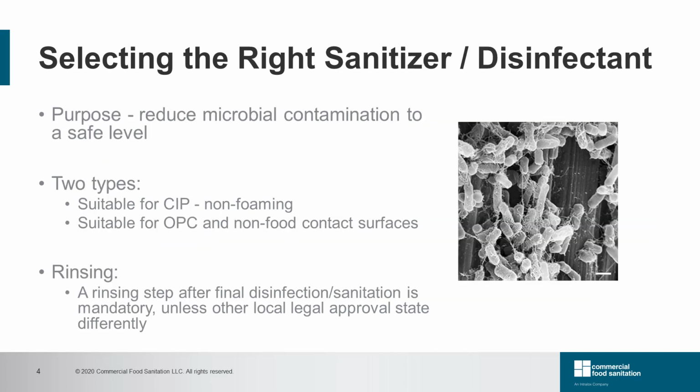We discussed factors when selecting cleaning chemicals, and now we will introduce factors to consider when selecting and using sanitizers. First, it is important to understand that in most cases we are using sanitizers or disinfectants and not a sterilant, meaning there is still microbial life, but it has been reduced to a safe level.